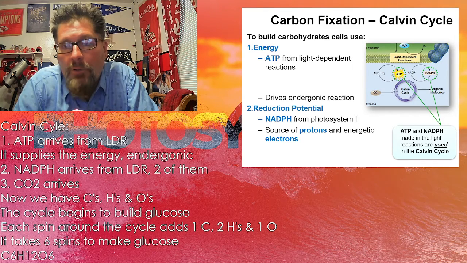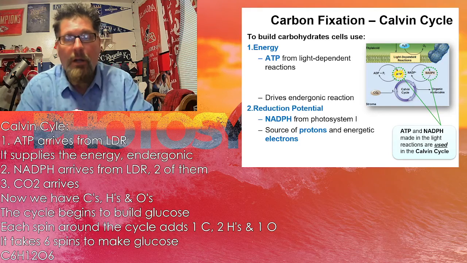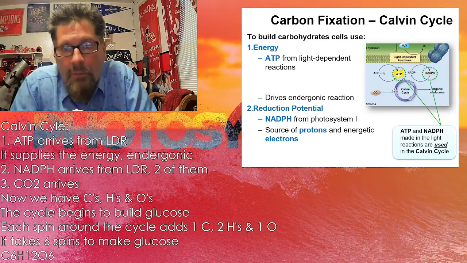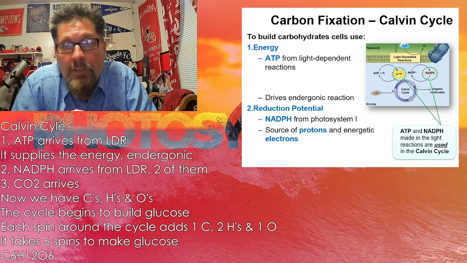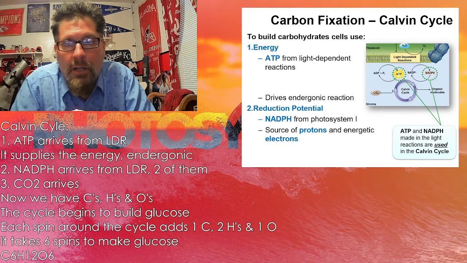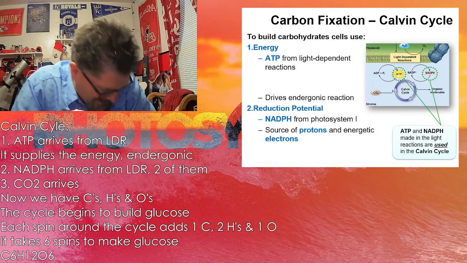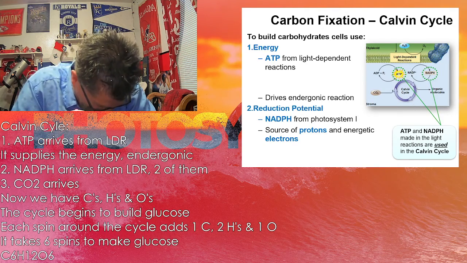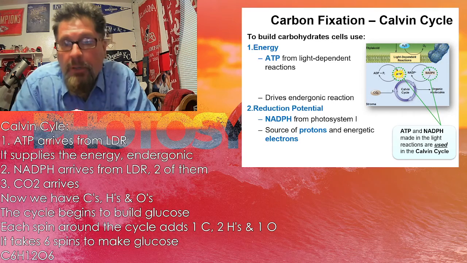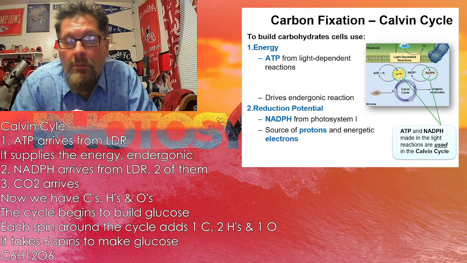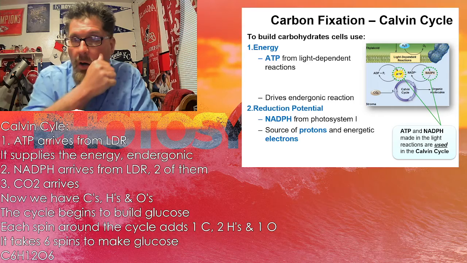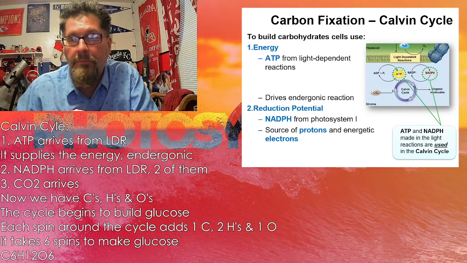We've got to have 2 of them arrive each time, and then the carbon dioxide arrives. That gives us the C's that we need, and the O's that we need, and the H's that we need. We begin to build that glucose molecule. And again, 6 spins to get all the parts added.